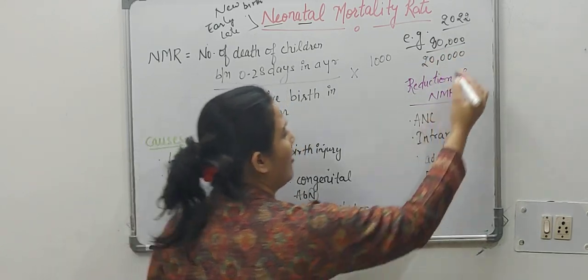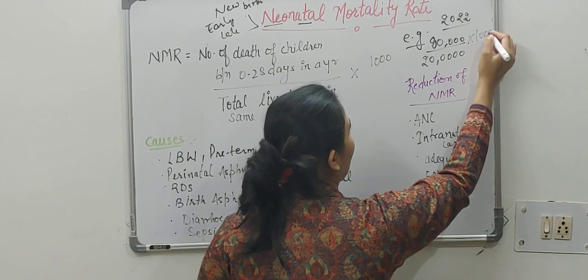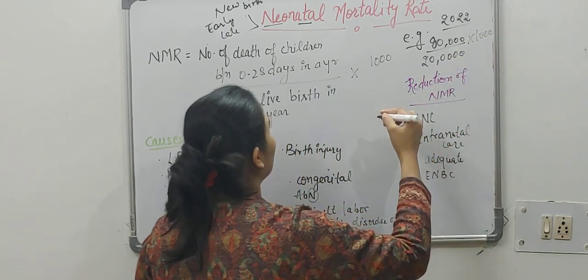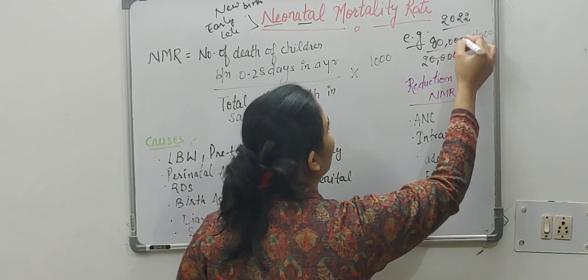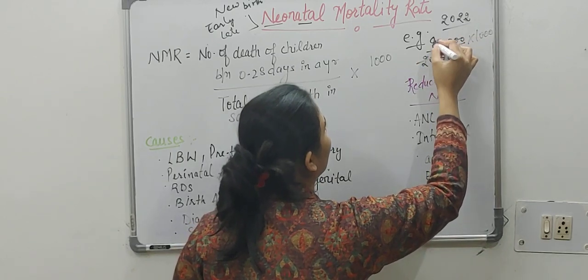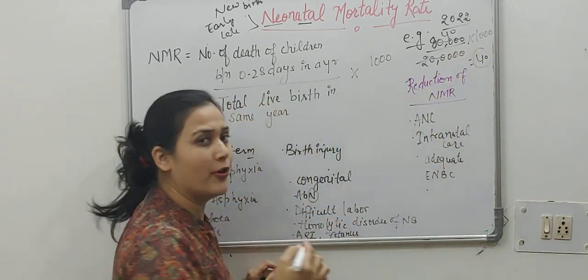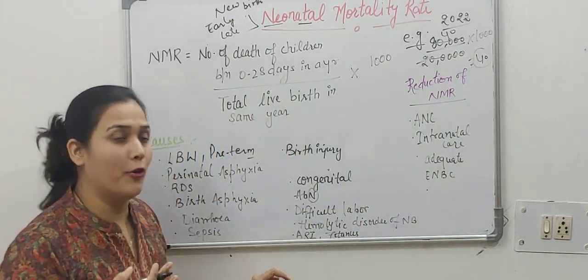Divided by 2 lakh and multiplied by 1000. This is the way we calculate. That means 40. So the rate of neonatal mortality is 40.